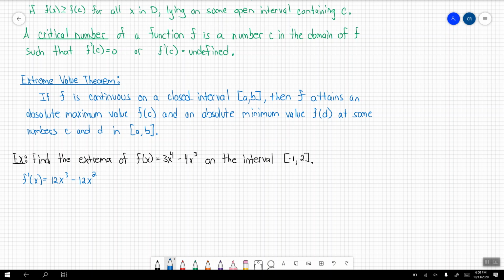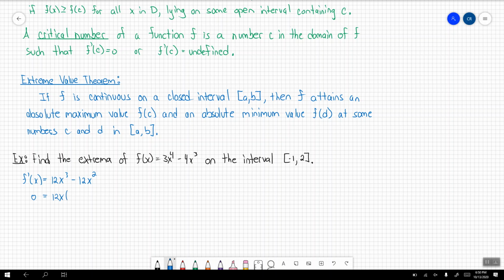In other words, it's continuous everywhere, so there are no discontinuities, meaning there will not be a place where this function is undefined. So all we need to do is set this derivative equal to 0.